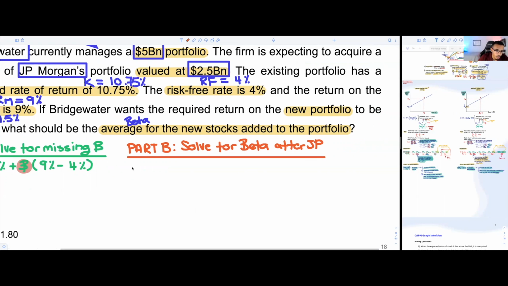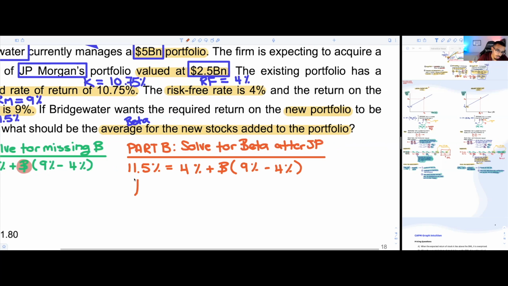Once again, now we know that our required rate of return has shifted to 11.5%. However, our risk-free rate is the same, 4%. We know that we don't have our beta yet, so we've got to solve for that. And the return on the market remains at 9%, and the risk-free rate, of course, is 4%.